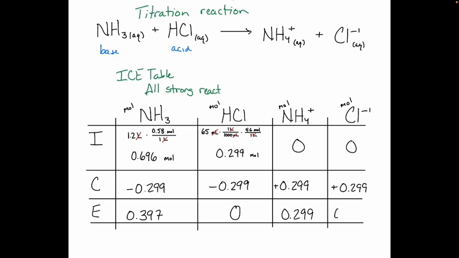Summing these two boxes up as well, I have 0.299 moles of my products. Yeah, absolutely. The principle is all of that strong acid is going to react, all of it that can. And since I'm limited by my HCl, all of that is going to be used up.